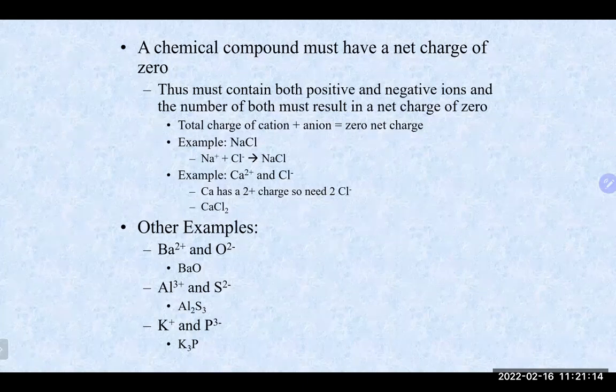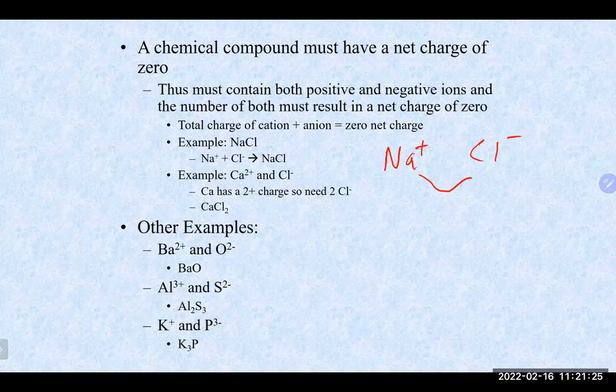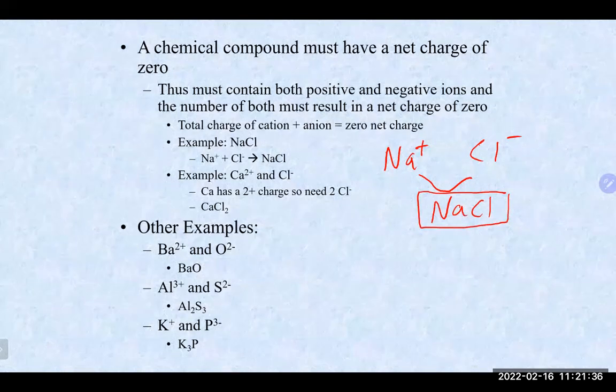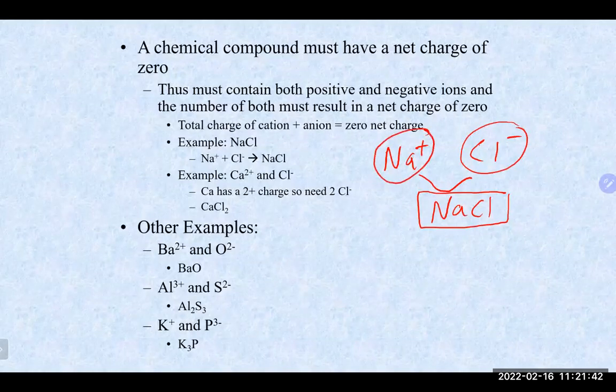So for example, sodium, which we know when it does form a charge is +1. Chloride is -1, which means if we simply put these together, +1 and -1 balance out to 0. And we get the formula, which is sodium chloride. Again, the chemical formula for an ionic compound should never have a charge. So the NaCl should not have a charge, but it is actually made up of two things with charges.